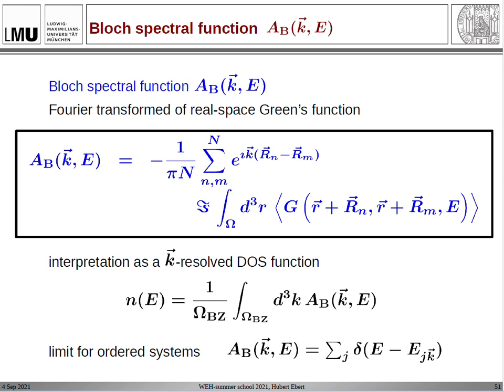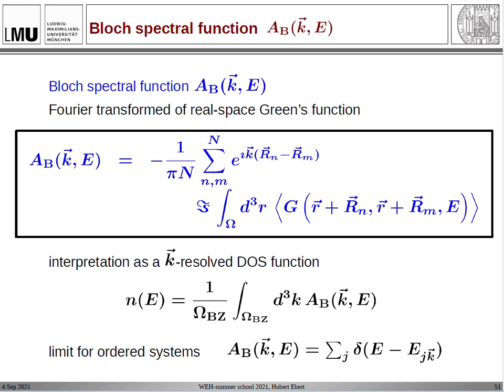What we can do is, as we started from, namely that we look at the most detailed description of the electronic structure in terms of a dispersion relation, we can introduce here a quantity that is called the Bloch spectral function, and this is essentially the Fourier transform of the Green's function. And the Green's function now, of course, for our CPA medium.